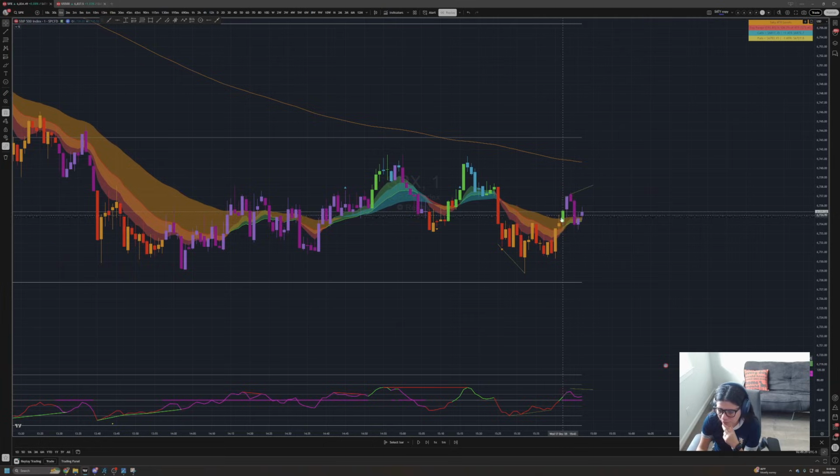Right before, we pushed back up, that killed that 40 call, not as much really, but you start to see that we came down to the 1 minute 21 EMA.